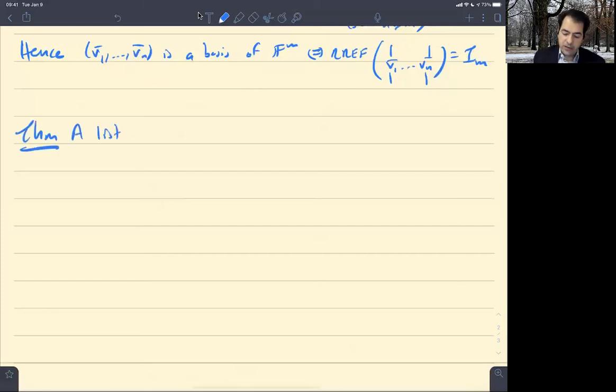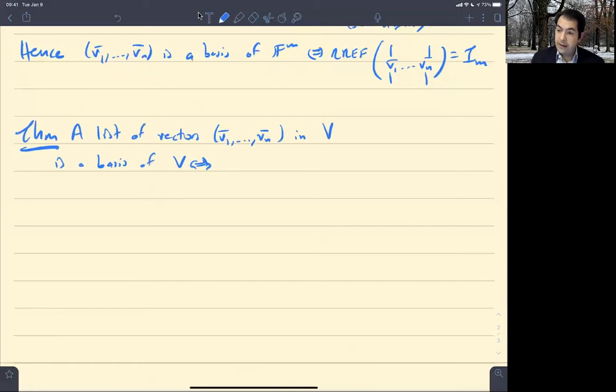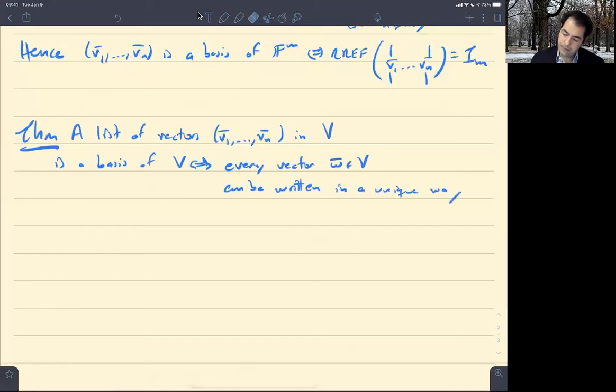So the theorem says that a list of vectors, v1 through vn, in an arbitrary vector space, is a basis of V if and only if every vector W in V can be written in a unique way as a linear combination of the vectors in this set, v1 through vn.